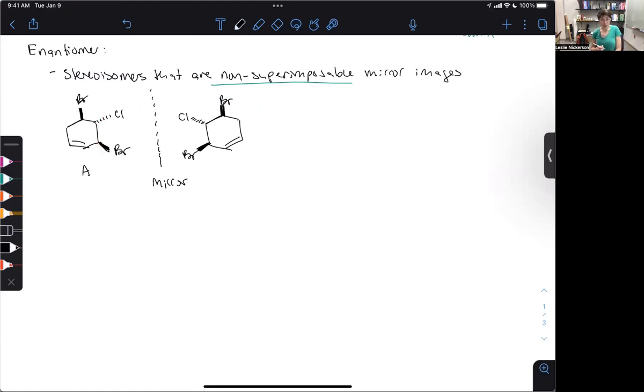One thing to really keep in mind here: if I just number these out, let's say 1, 2, 3, 4, 5, 6, and I put the same numbers on the same atoms, look what I did with my numbering there. This one I went clockwise. This one I went counterclockwise.